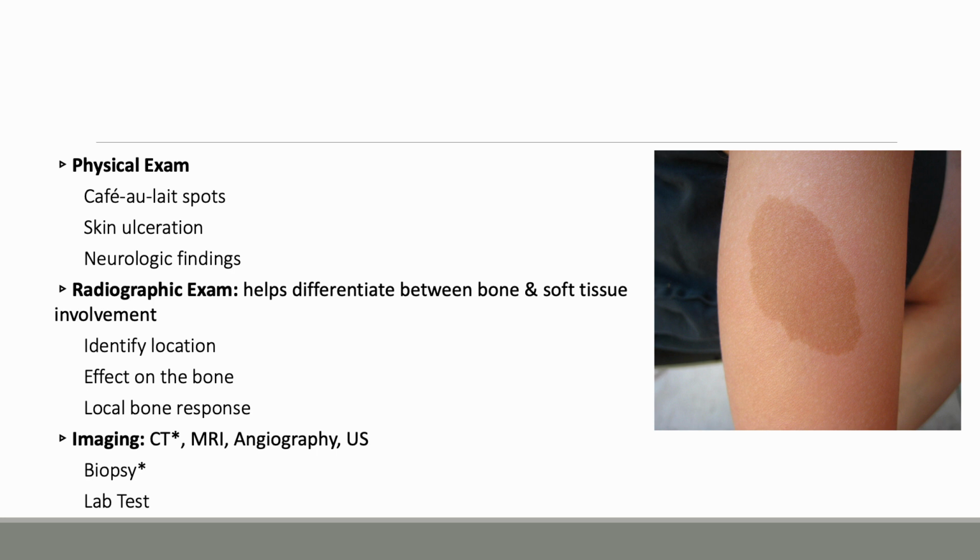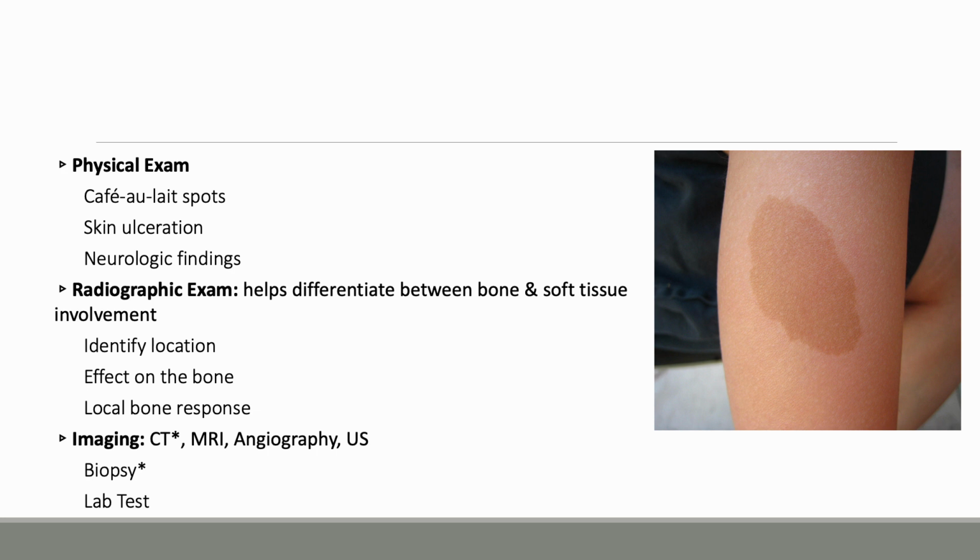Greater uptake indicates a more aggressive tumor. CT scans are most sensitive for detecting pulmonary metastases and provide detailed information about tumor interactions and bone structures. MRIs are valuable for evaluating soft tissue tumors and extent of marrow involvement. They are useful for assessing soft tissue masses outside of bone.